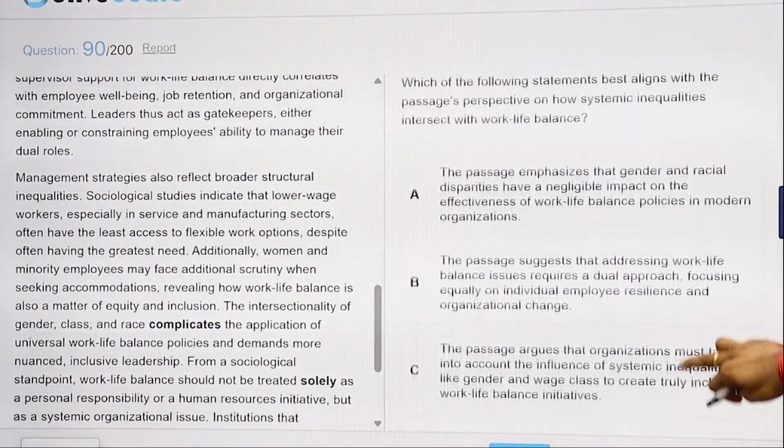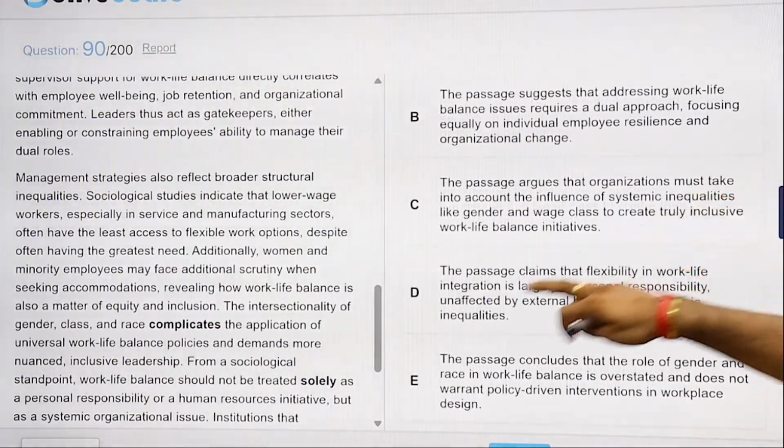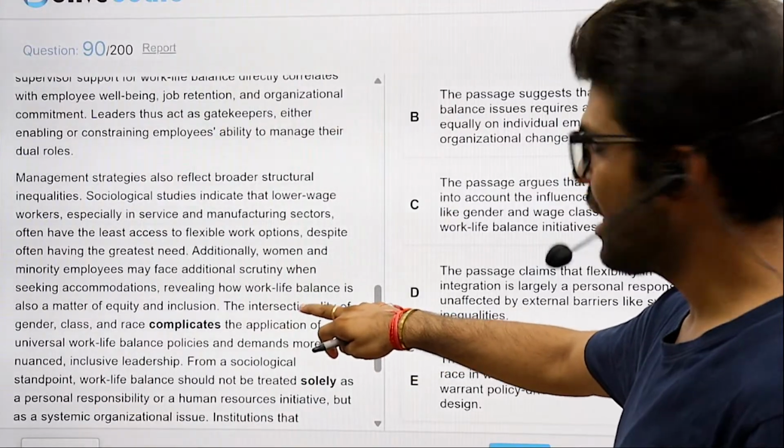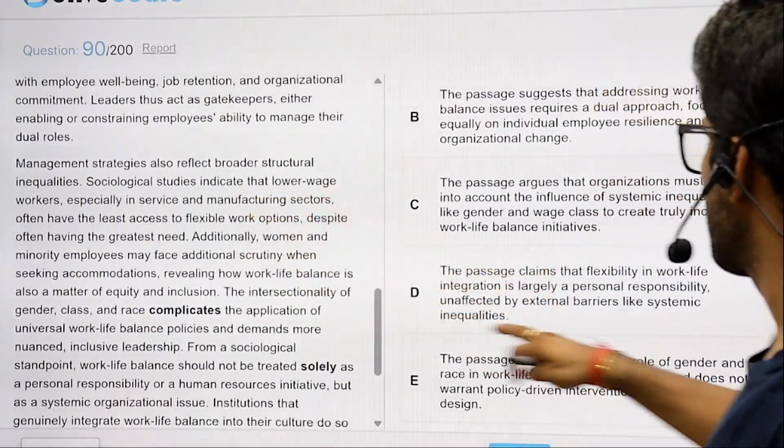So, work life balance, yes, we had lower wage workers.